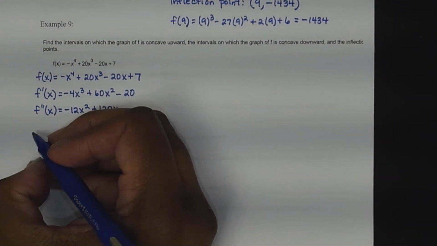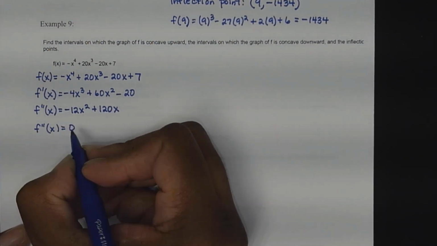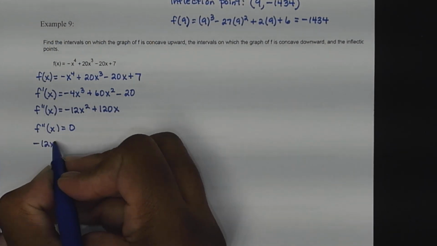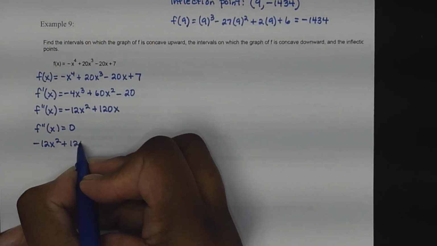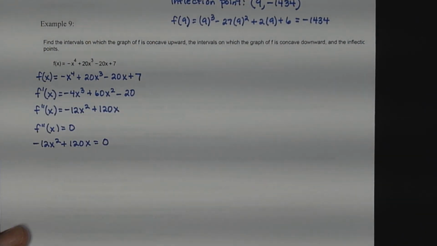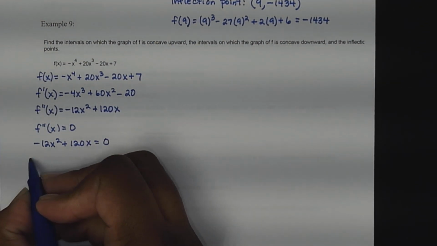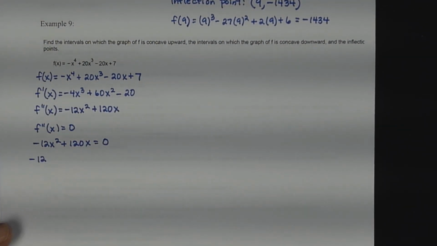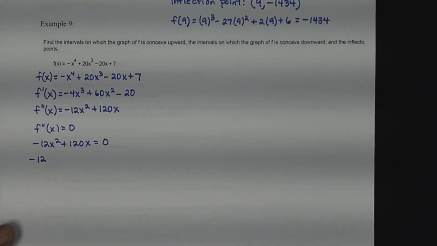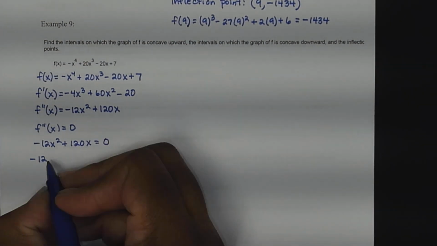And now we're going to set f double prime of x equal to 0 to find out what our critical numbers are. So here I'm going to have negative 12x squared plus 120x equal to 0. And I'm going to go ahead and factor out a negative 12x, because negative 12 and 120 have a common factor of negative 12, and x squared and x have a common factor of x.